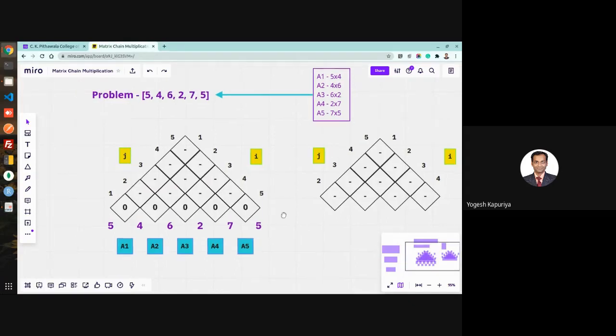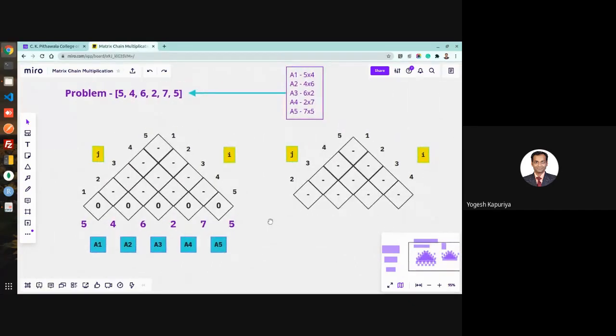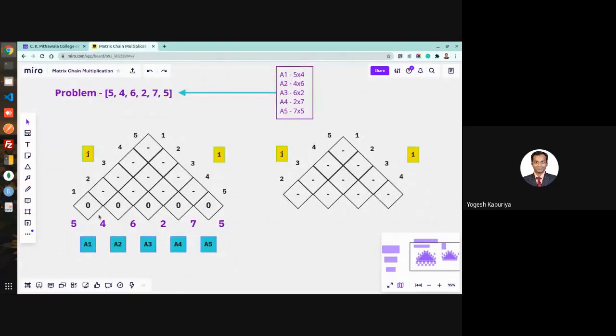Okay, so let's start with it. We are initially starting with 0. 0 means what? 0 means that if you want to multiply, there is only a single matrix. So this is the base condition basically. You have only one matrix, that means you don't require any number of multiplications.